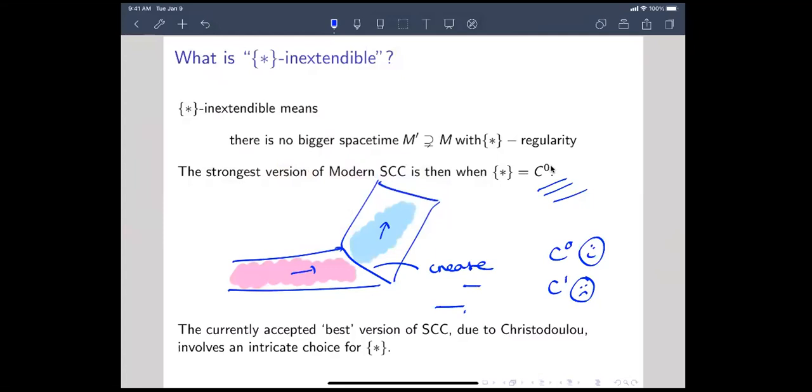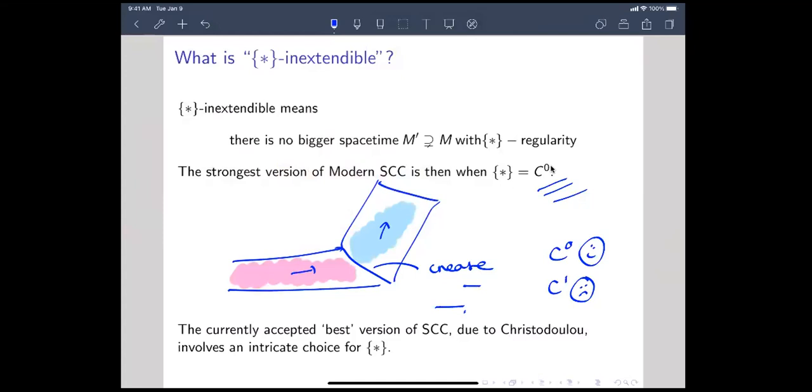Could you argue that it should at least be C2, because you have to satisfy the field equations, and they have second order derivatives? So you can define what's called a weak derivative, which in the field of PDE, I'm sure you're familiar with. A weak derivative is something where you don't actually have to be strongly differentiable, so you don't have to differentiate the metric, but you can come up with a weak version of an equation where you're integrating both sides and they still make sense as an equation.